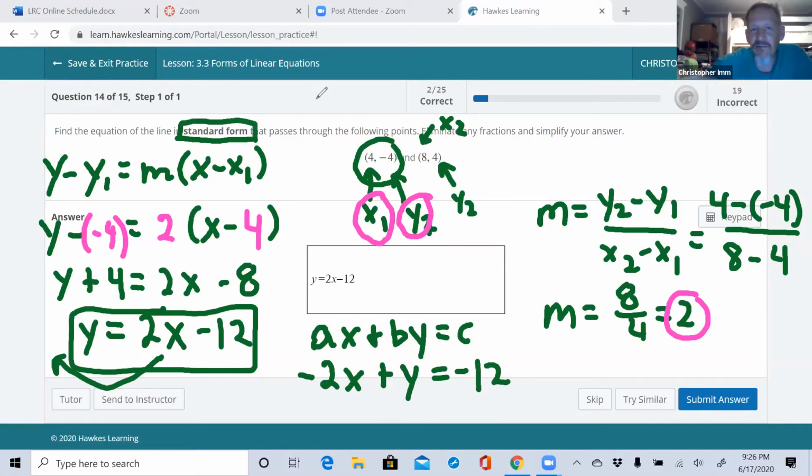So again, standard form is not the best form to interpret with, but it will tell you that it's a line. So let's see if this works. Negative 2x plus y equals negative 12. If you can write an equation in that form where both a and b are not 0, then it's always going to be a linear equation, so a straight line. Let's try that.